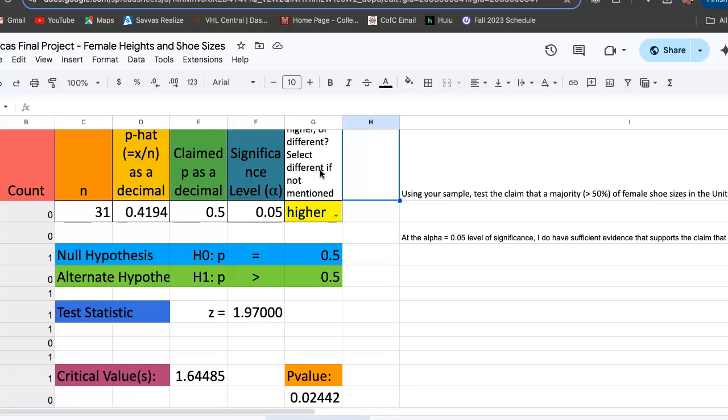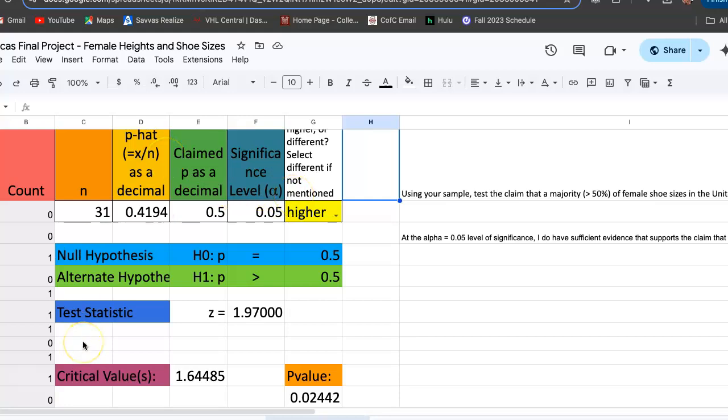And after conducting the test, I found that the p-value was 0.02442, which is less than 0.05, so we reject the null hypothesis. This means that there is enough evidence to support the claim that more than 50% of women wear shoe sizes above 8.